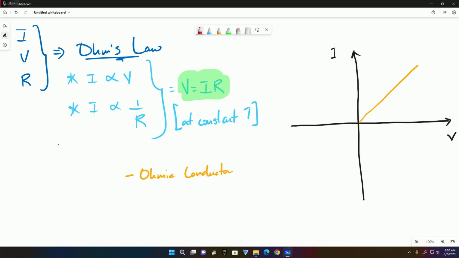The next thing is a filament lamp. A filament lamp is the kind of bulb that produces that yellowish light. It has a metal element that gets heated and produces an orangish yellowish glow. That is a filament lamp.